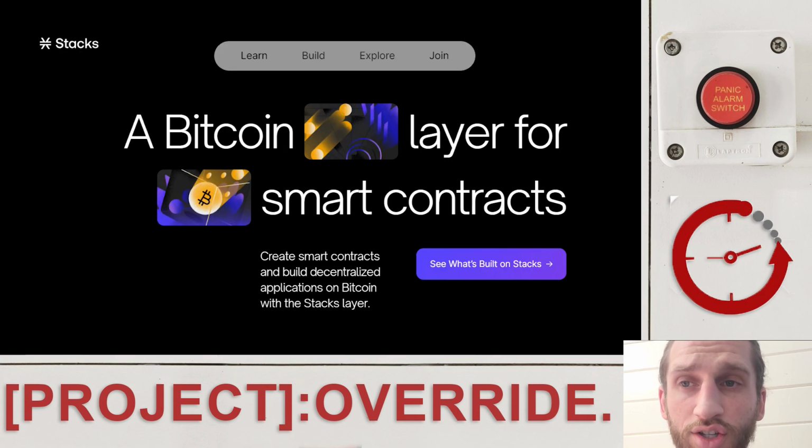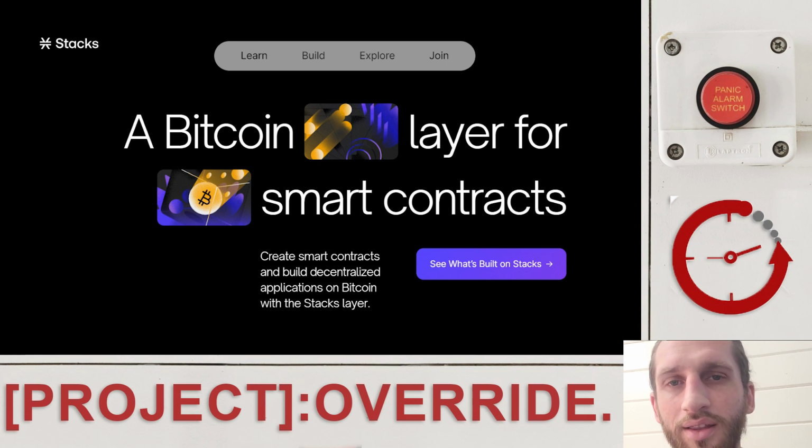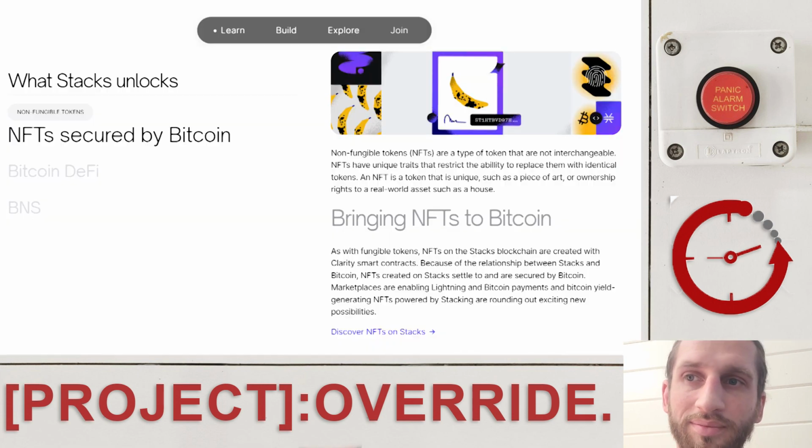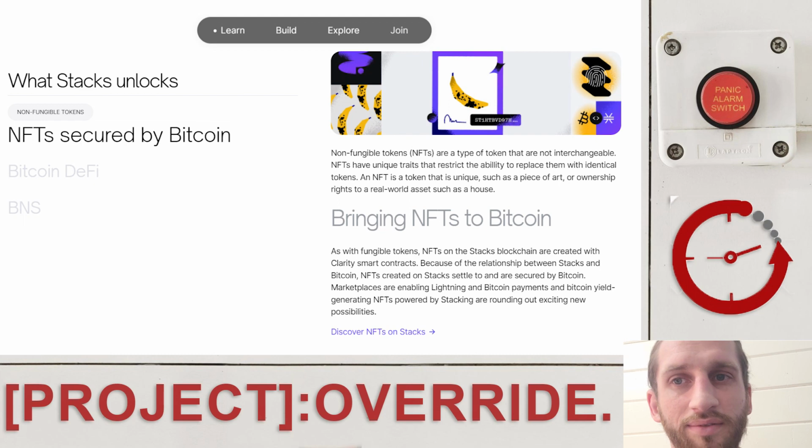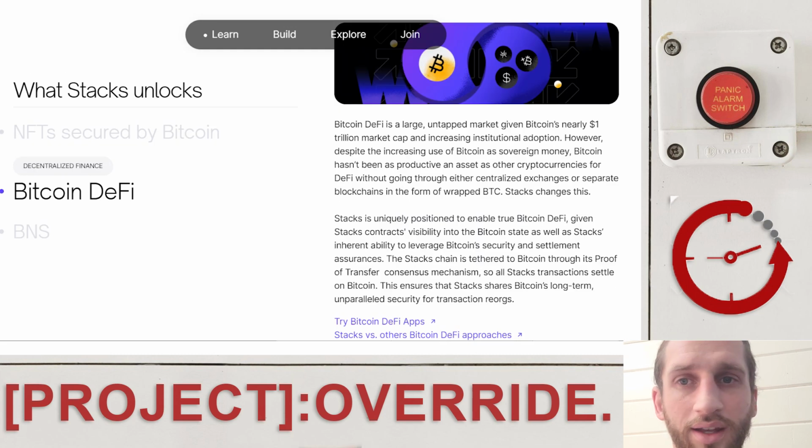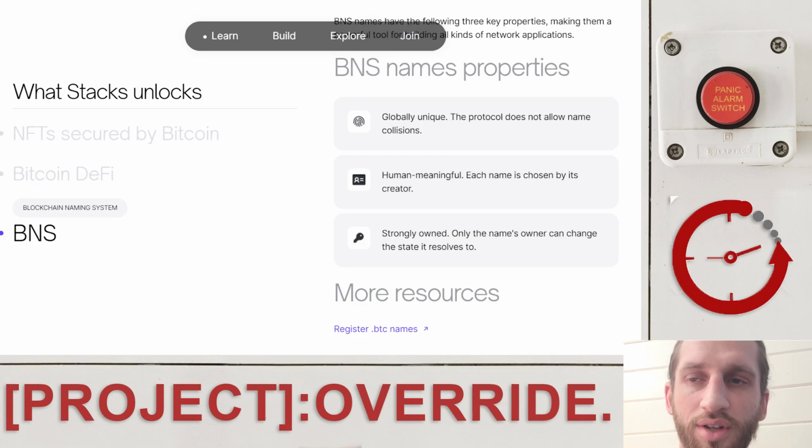The Stacks blockchain is a decentralized network built on top of the Bitcoin blockchain. It enables smart contracts and decentralized applications, or dApps, that can be built on top of Bitcoin. Some things that Stacks can do are Bitcoin NFTs, Bitcoin DeFi, and Bitcoin Name Service, otherwise known as BNS.